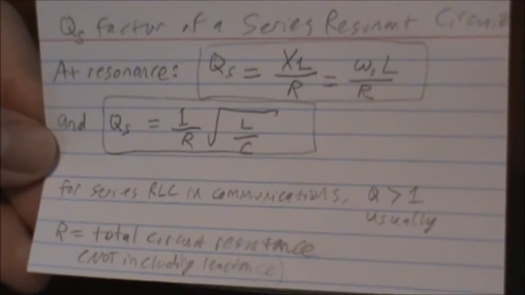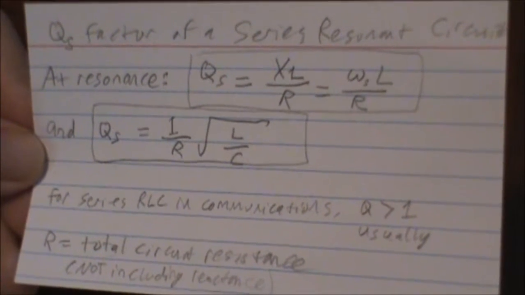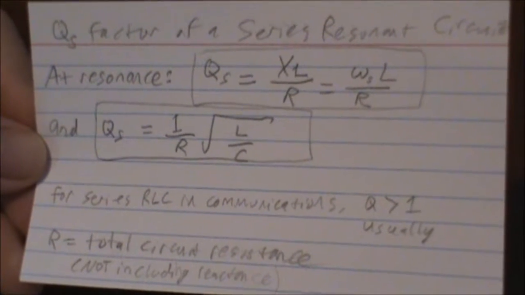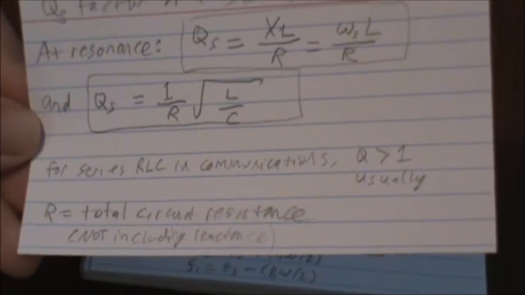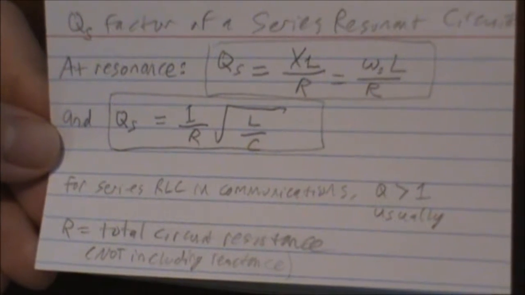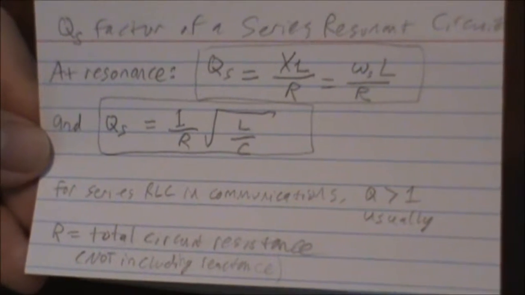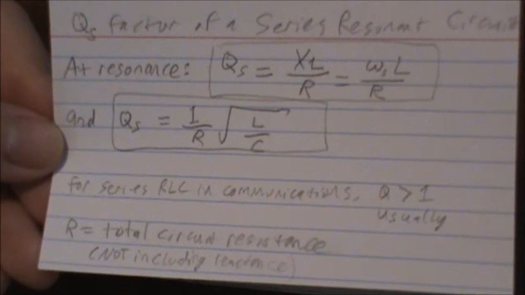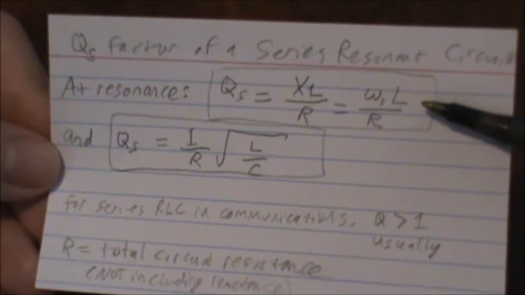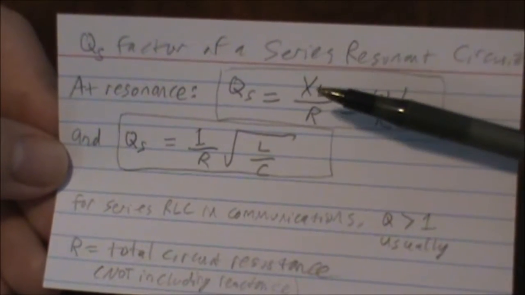Q S for series is XL over R equals omega S for series times L over R, because X sub L equals omega S times L. Omega S, remember, is 1 over the square root of L times C. Or an easier way to think of it is, omega is 2 pi times your frequency in this context, not radians per second, so think of it as 2 pi F times L, because that is your equivalent of X sub L.